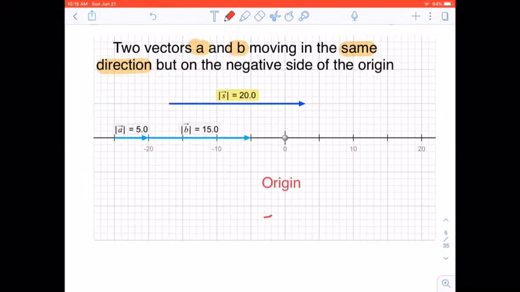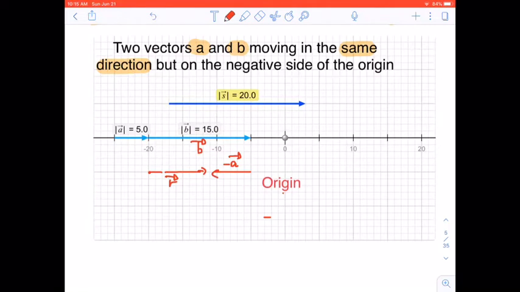Here we have vector B, moving in a positive direction, and vector A, let's say, is moving in a negative direction. It's minus A. What would the resultant be? The resultant would be from there.